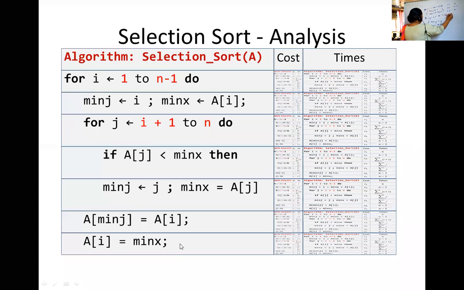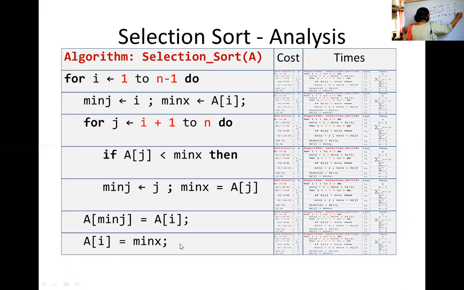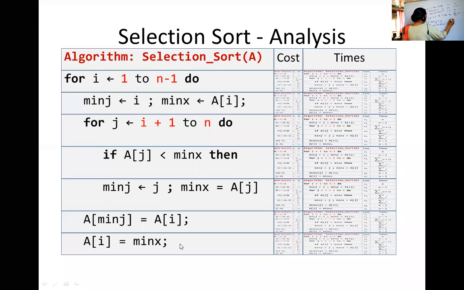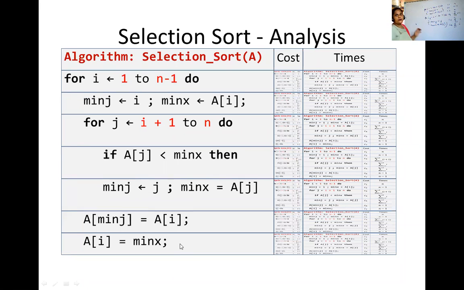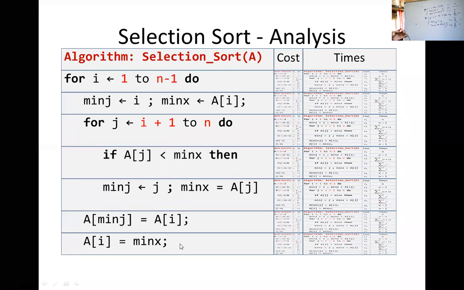So this will be 0, and this will give the solution for i equal to 1 to n and then i plus 1. This is C5 work for n. Then min j.